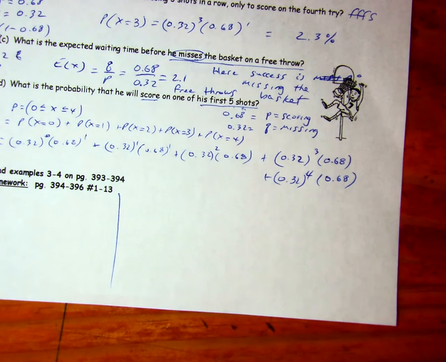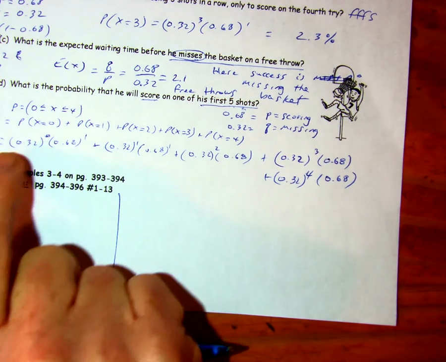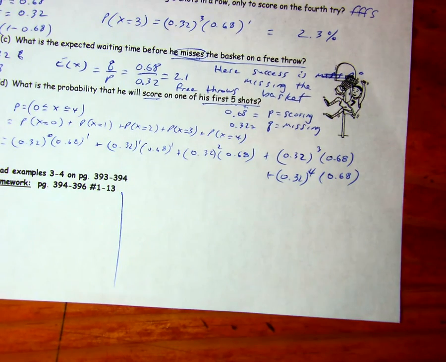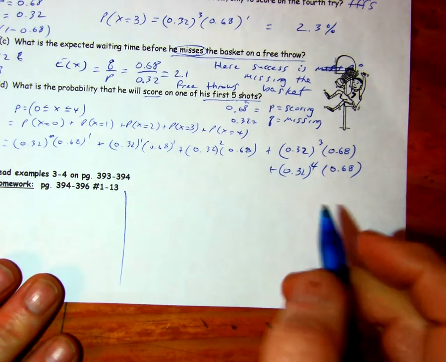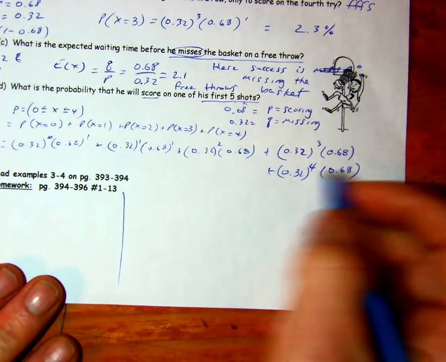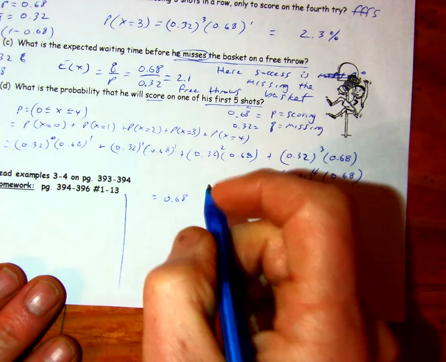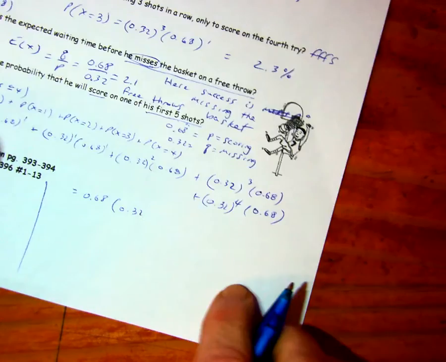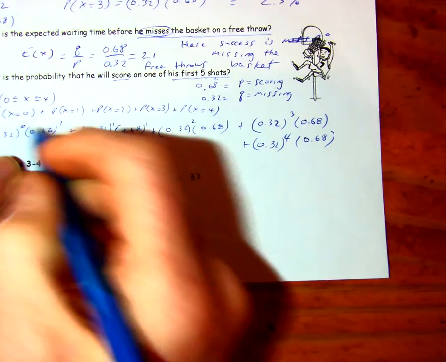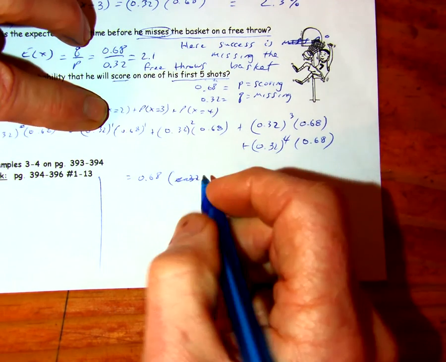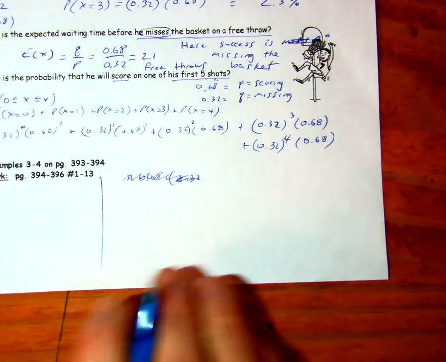Again, what the question doesn't say is that he stops after his first success. So he either gets it on his first attempt, his second, his third, his fourth, or his 5th attempt. All right, so if you add all that up, you can factor out the 0.68 if you want. Actually, I'm just going to ignore what I just said.